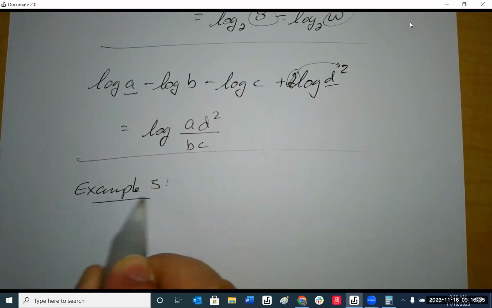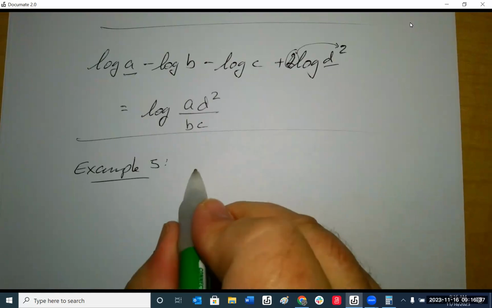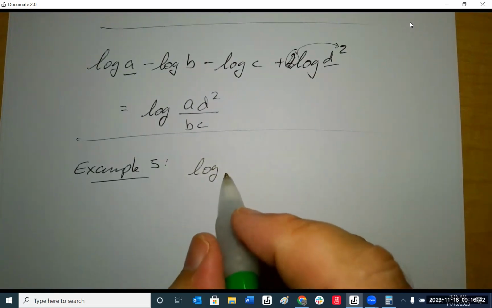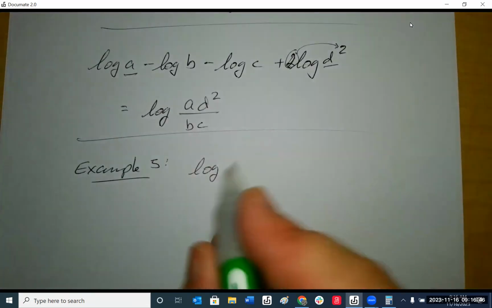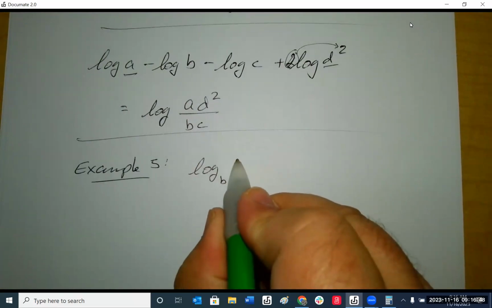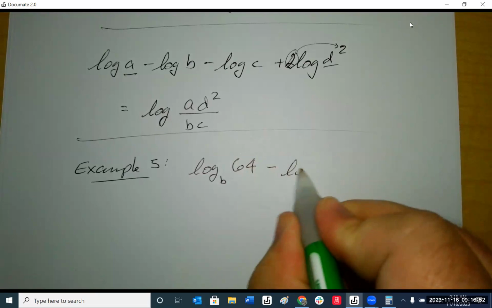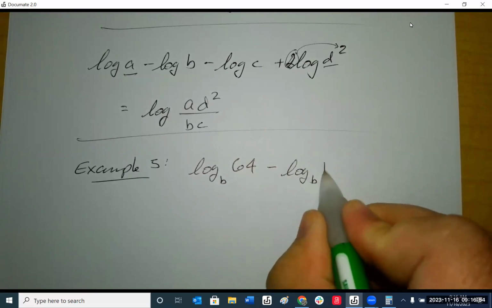Example 5. Express as a single log. This is log base B of 64 minus log base B of 16.